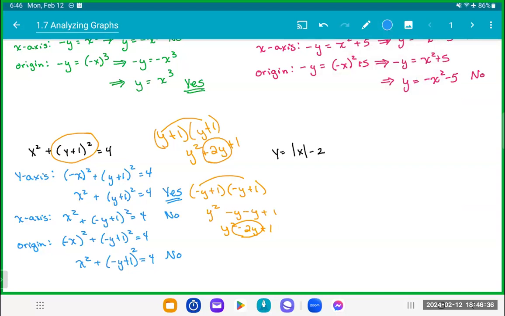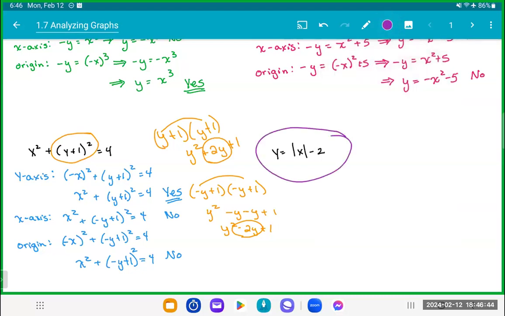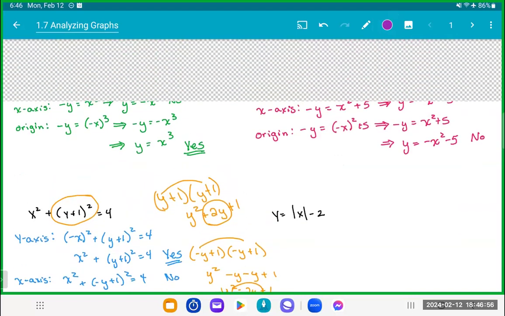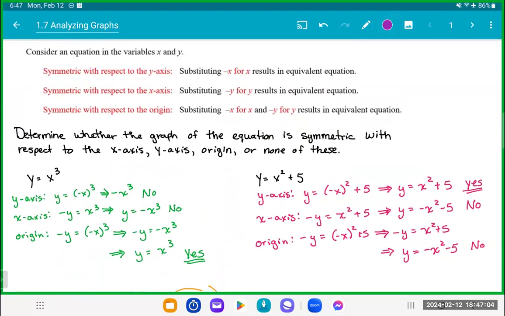Okay. What I would like to do now is give you all about 2 minutes to work through this one right here. Give you a minute to try and plug in and test it for the y-axis, x-axis, and the origin. If y'all write that where y equals the absolute value of x minus 2, I'll put this up here so you can see each of those.